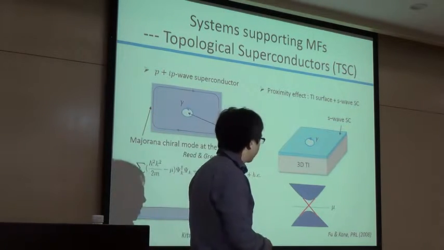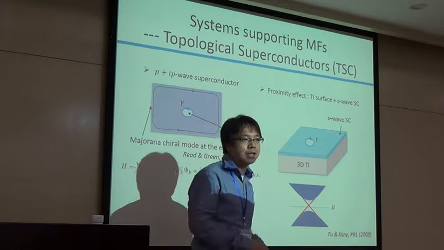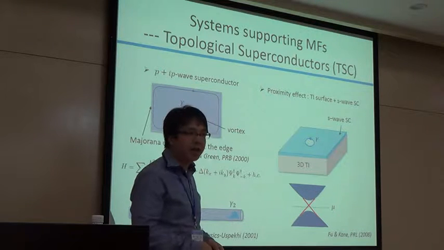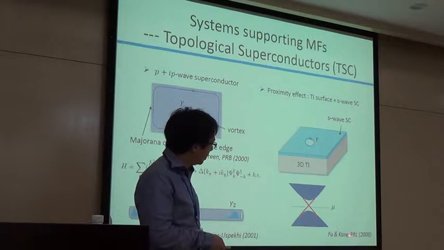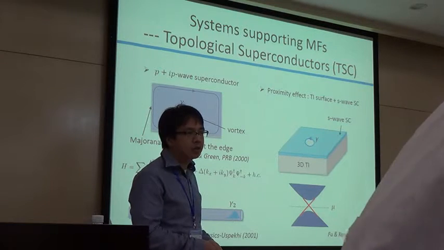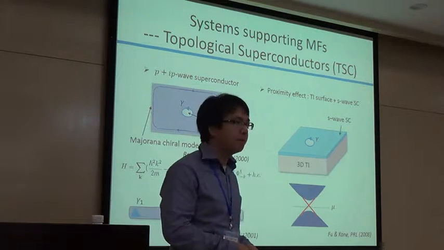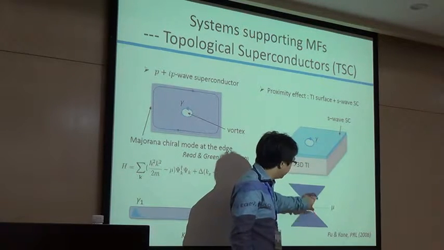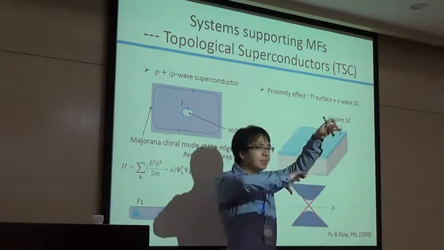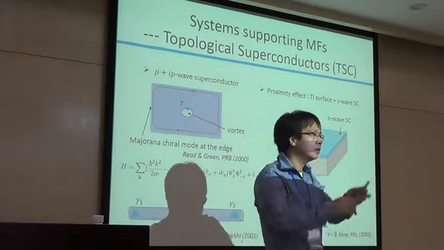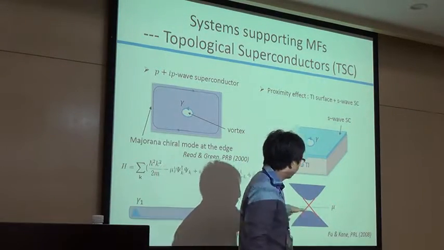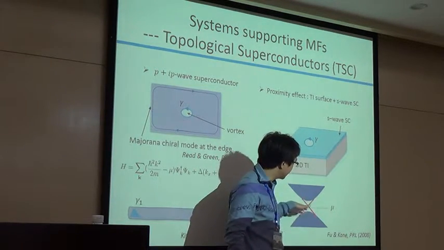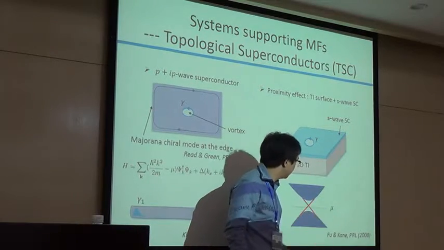However, there's a breakthrough actually in the year 2008. That is from a proposal by Fu and Kane. You know that Kane is the one who invented topological insulator. So for a topological insulator, you have the valence band and the conduction band. It's an insulator. Your chemical potential is in between, this is a band gap, and you have the chemical potential in between the gap.